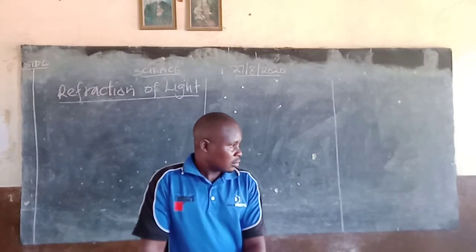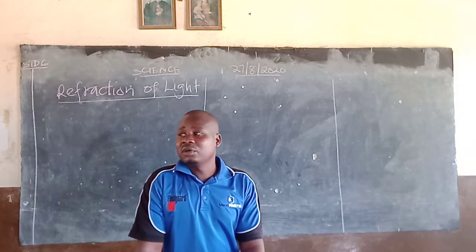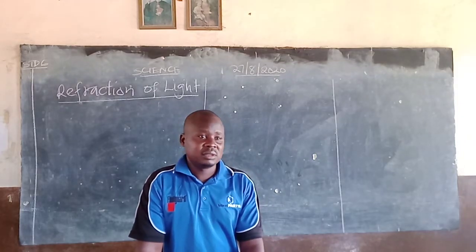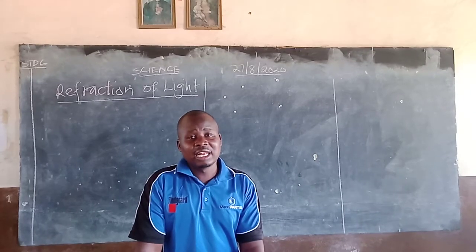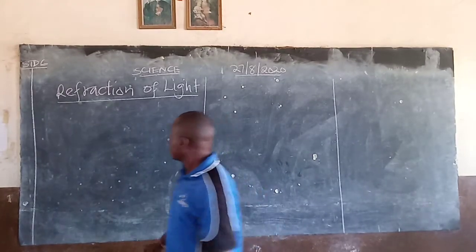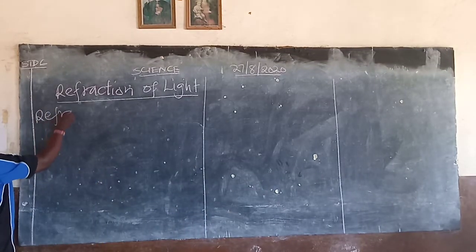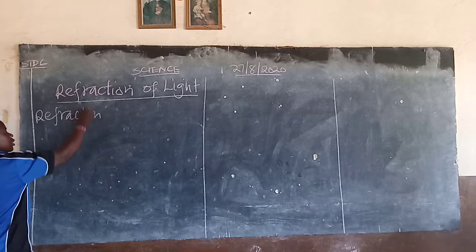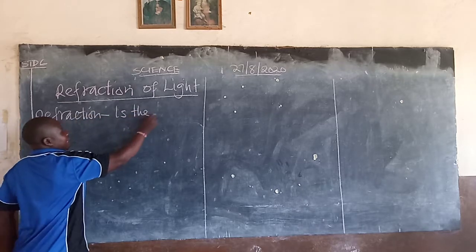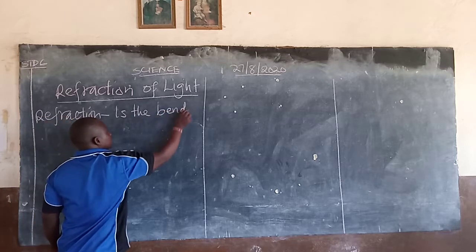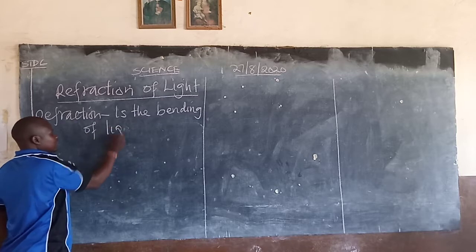Now, light will only bend when it is moving through a transparent medium, maybe in water or in a glass. So, refraction is the what? The bending of light.